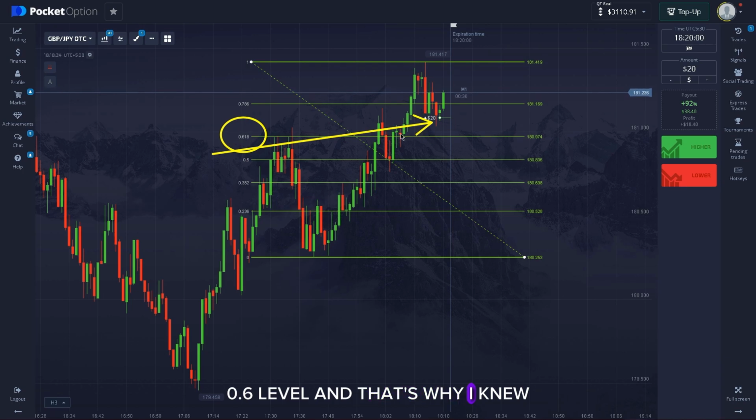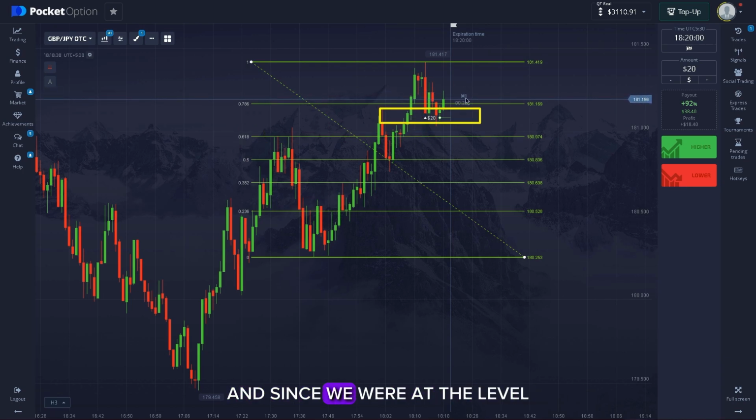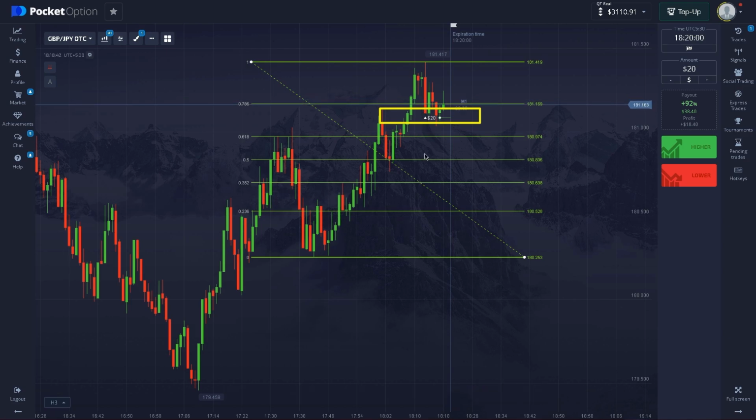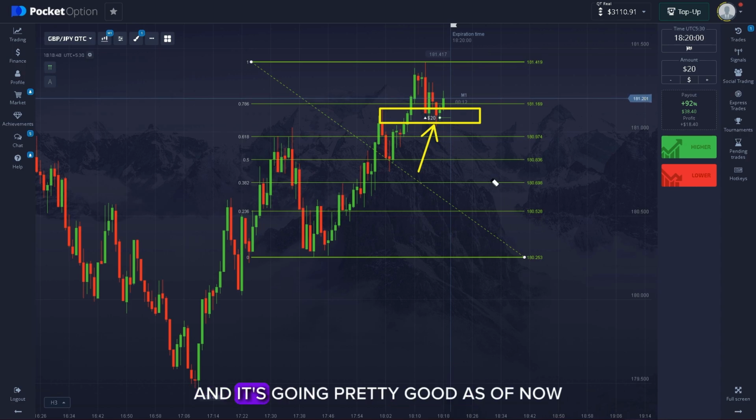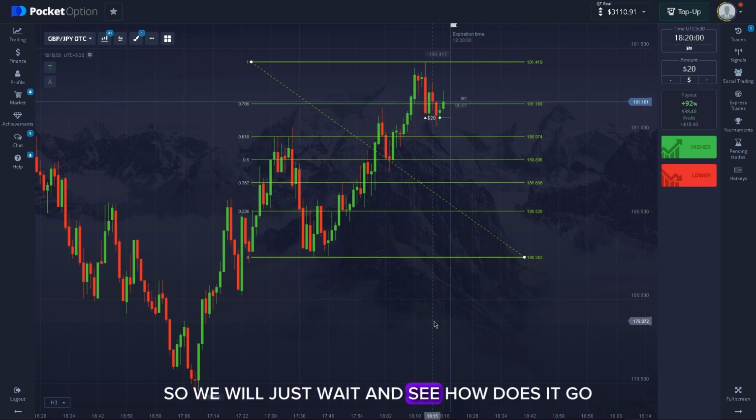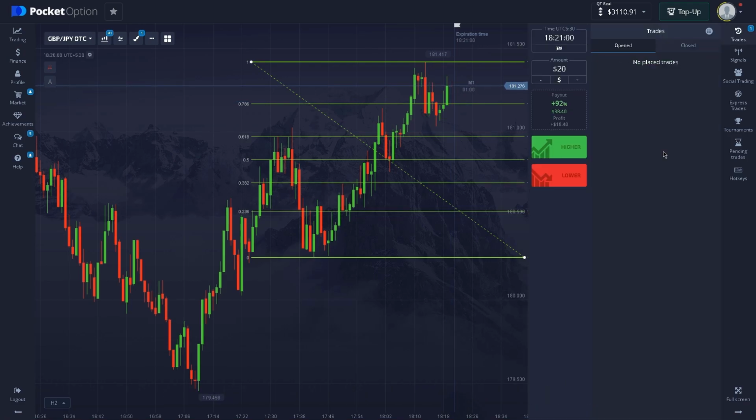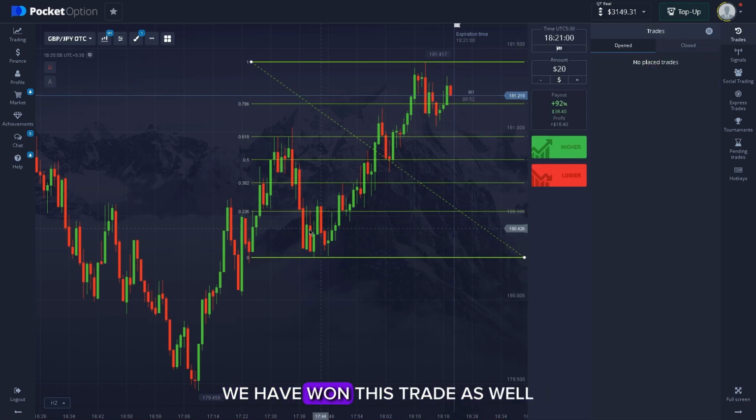That's why I knew, and since we were at the level where the intermediate high was, and we were seeing some rejection, I placed an up trade, and it's going pretty good as of now. So we will just wait and see how does it go. As you guys can see, we have won this trade as well.